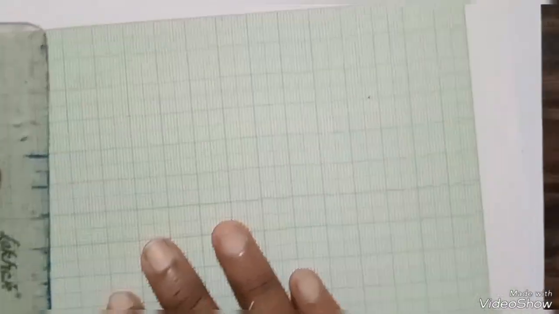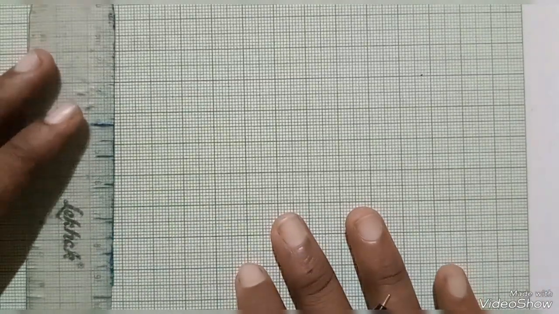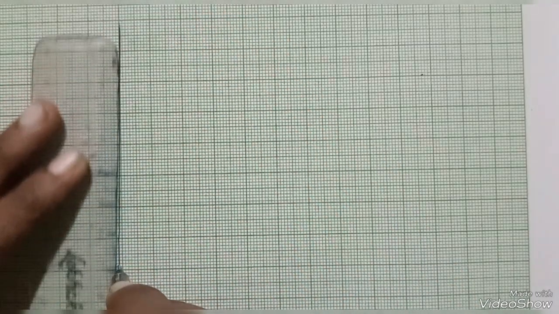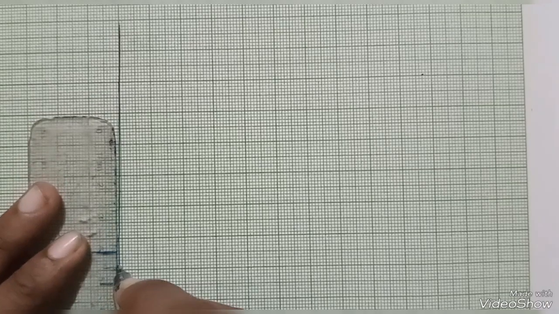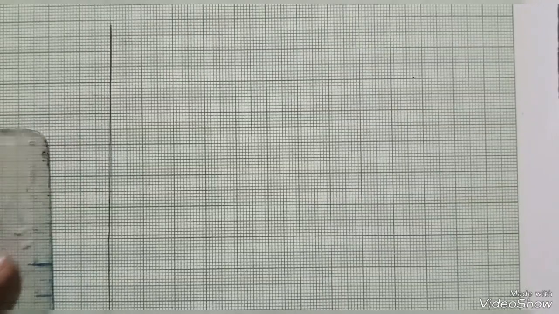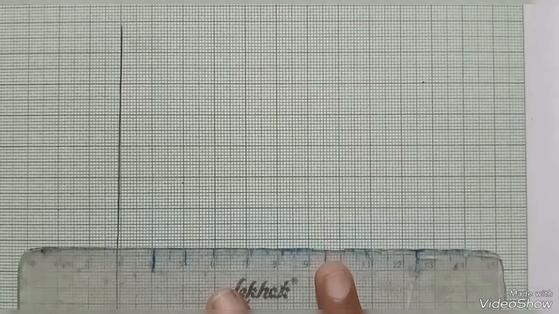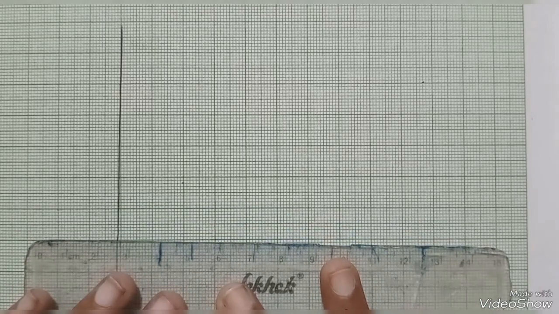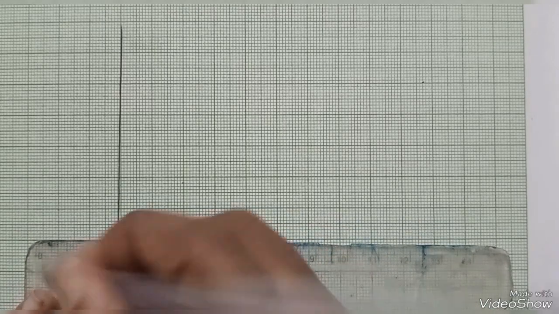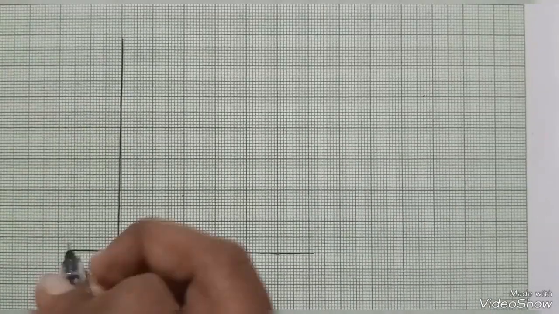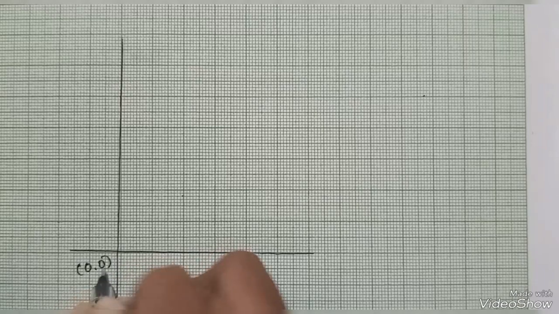Here first I have to consider, this much portion is enough. Okay, here there is a point 0, 0 at origin.